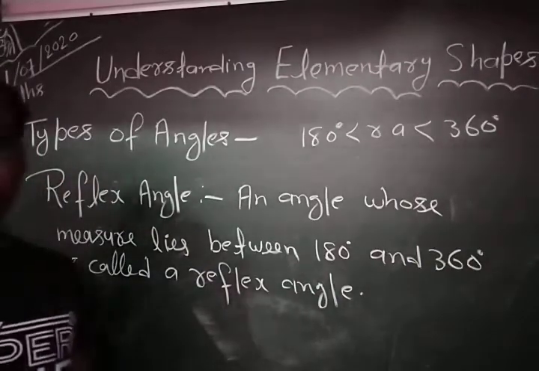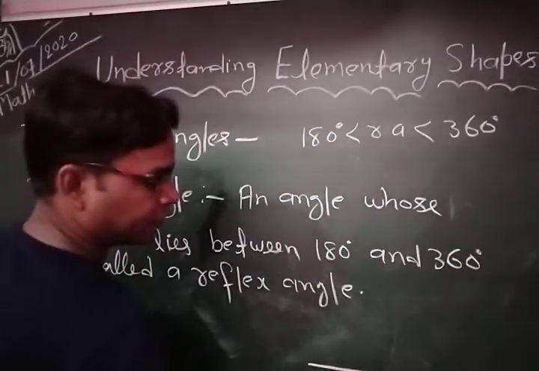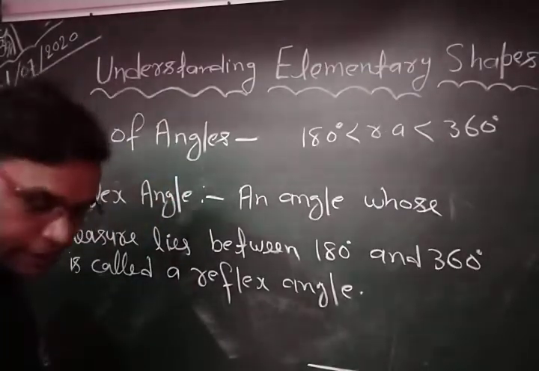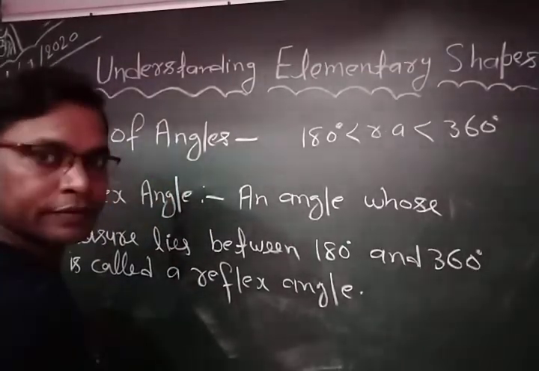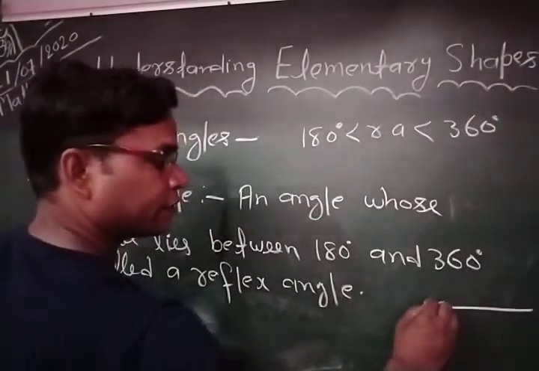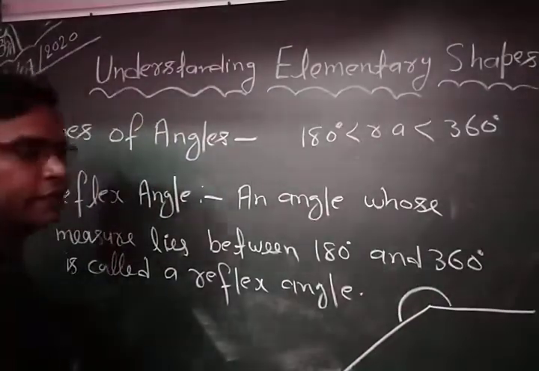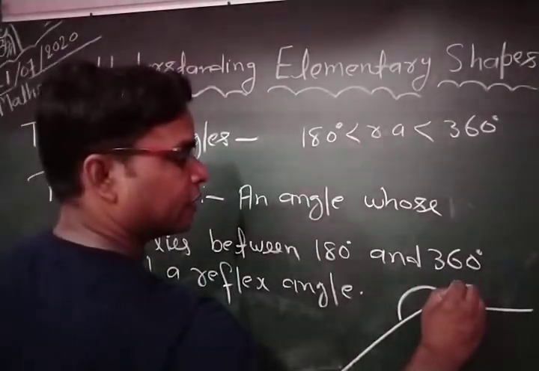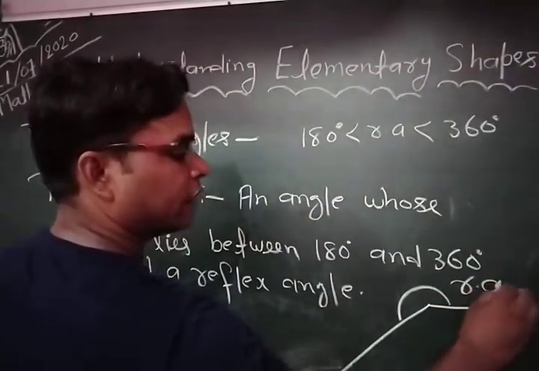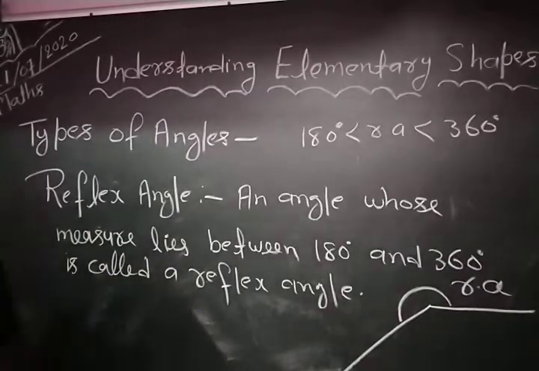Okay. The figure of reflex angle is like this. This angle is called reflex angle, RA. Clear?